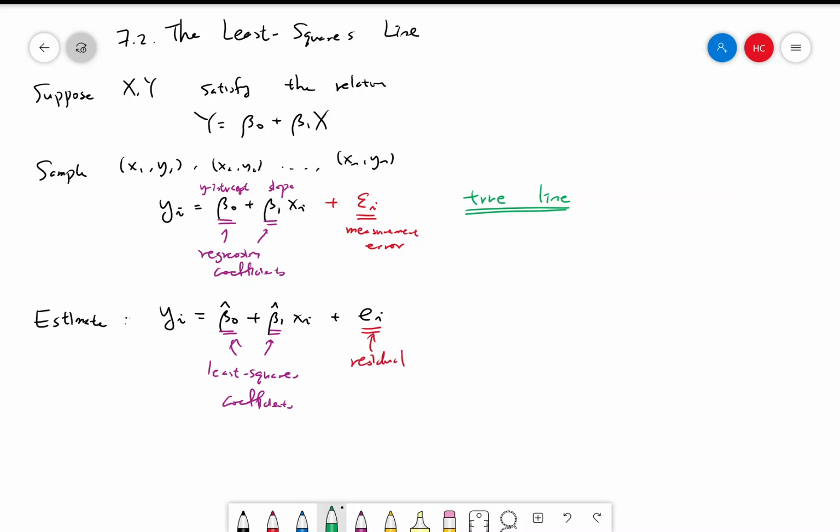And this equation with the estimates is called the least square line. So everything with the hat is used to estimate the true line.